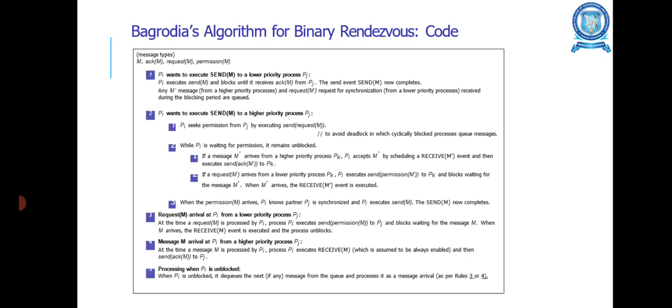Then message M arrives at Pi from a higher priority process. At the time message M is processed by Pi, the process Pi executes the receive of M. Then processing when Pi is unblocked: when Pi is unblocked, it dequeues the next message from the queue and processes it as a message arrival.